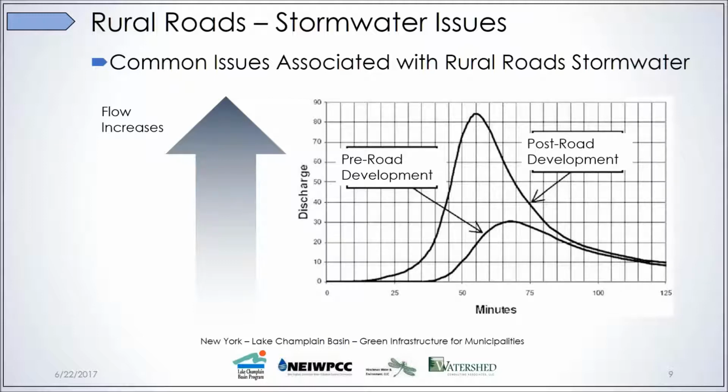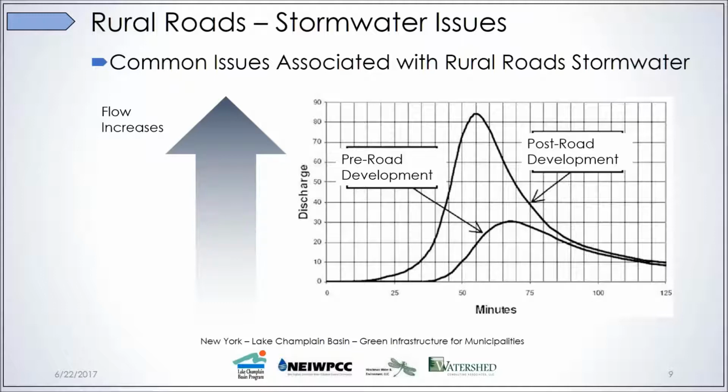The other thing that happens with these rural roads is that we get flow increases. Picture this nice little river valley before, some little, steep tributary valley that's got a lot of trees, a lot of duff on the ground, the surface is pretty rough. And then we decide, all right, we've got to get up there to go to a ski area, so we've got to put in a road.